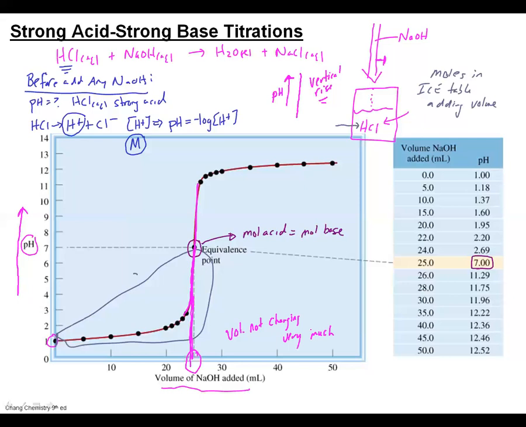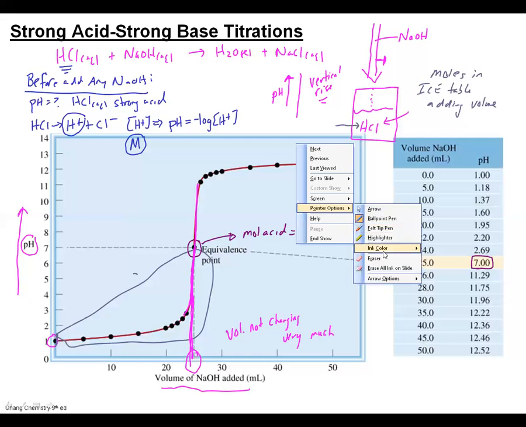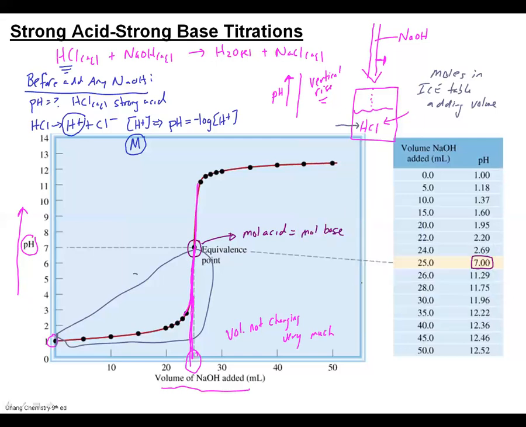And that is why, when you add that one drop of sodium hydroxide in your titration, and you've seen it go from no color to dark pink, that is not a lot of volume per se, but that little bit of volume is enough to change the pH. So even though you added a little drop, that's enough to make the pH start to rise.